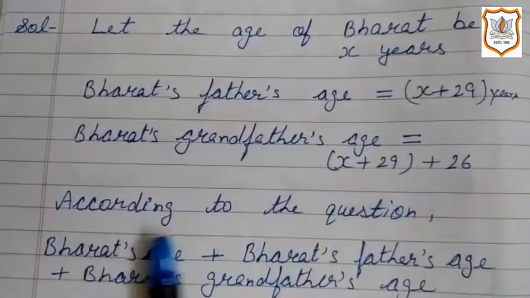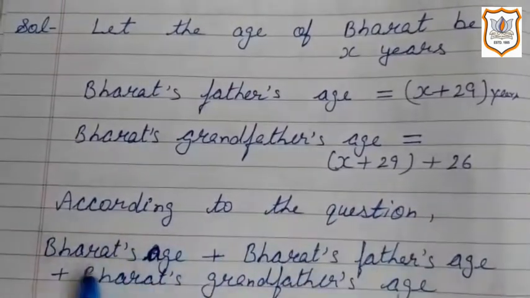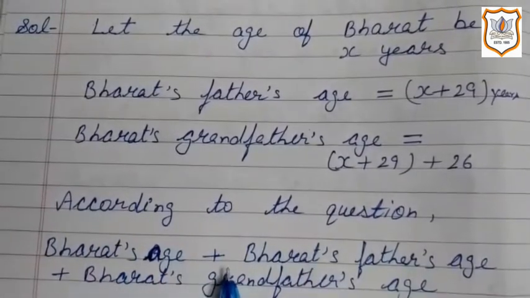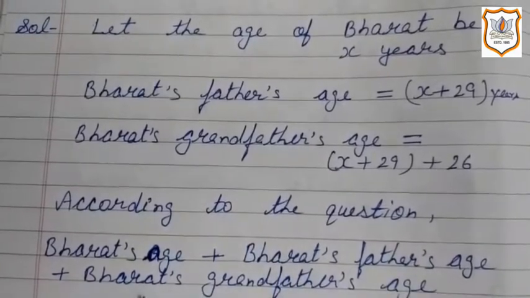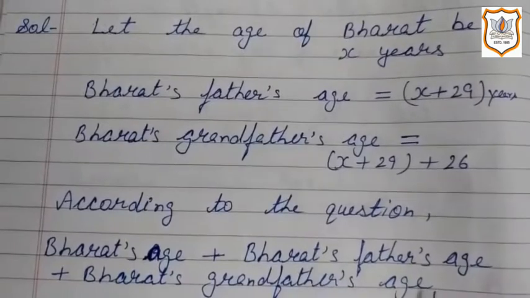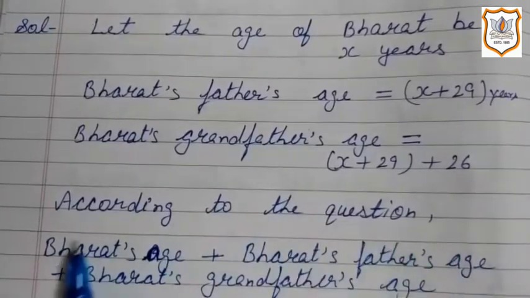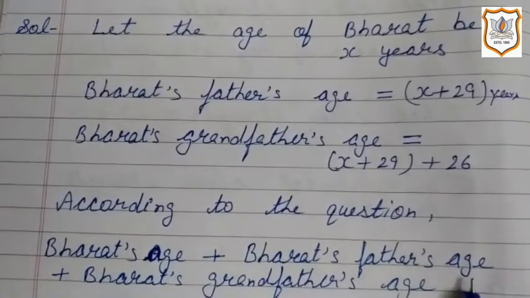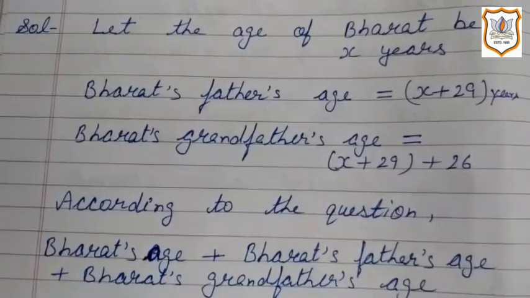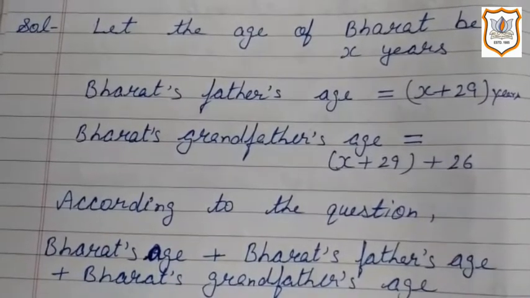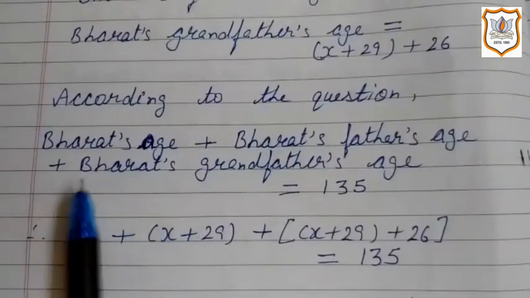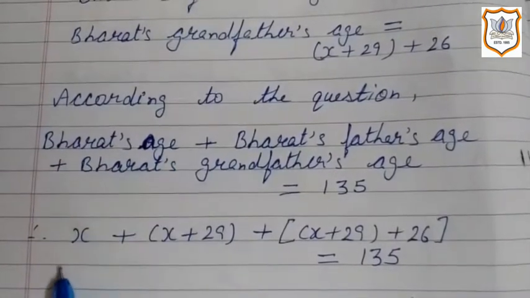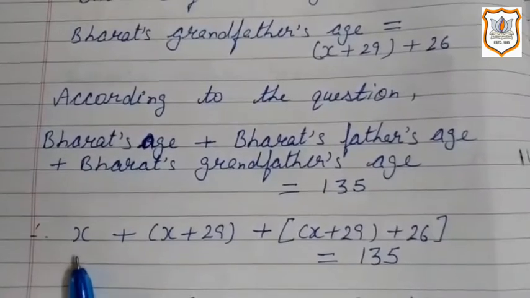Now, according to the question, Bharat's age plus Bharat's father's age plus Bharat's grandfather's age, the sum of the ages of all three, is 135. Now we write Bharat's age is X, so we write X here.